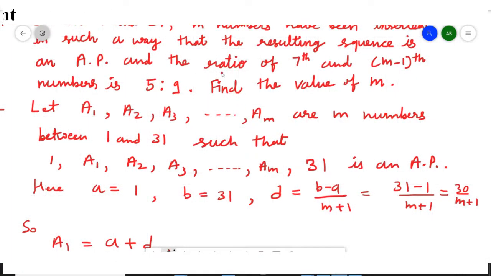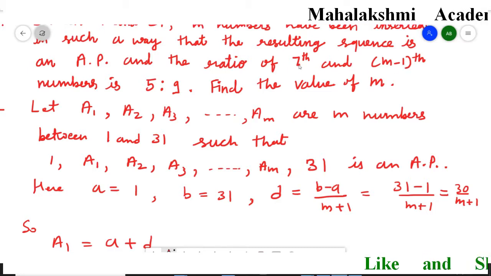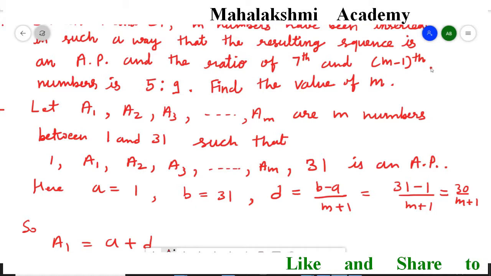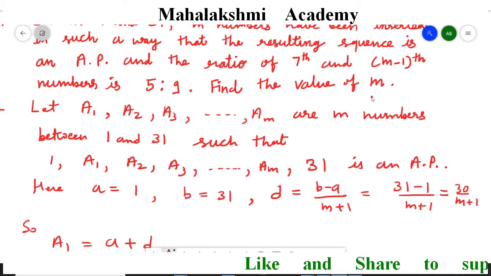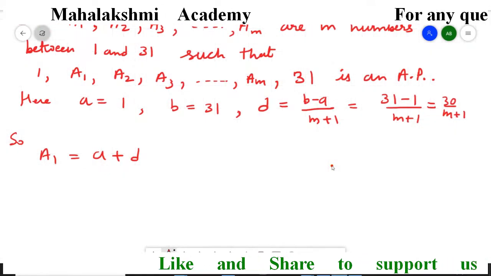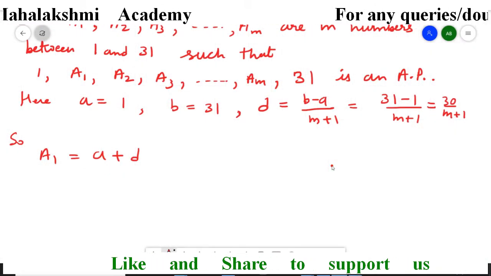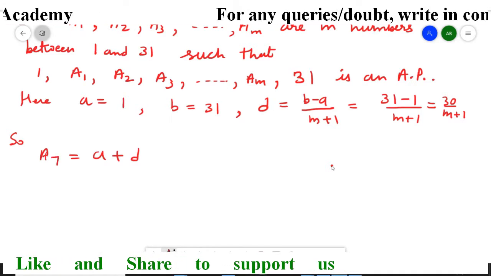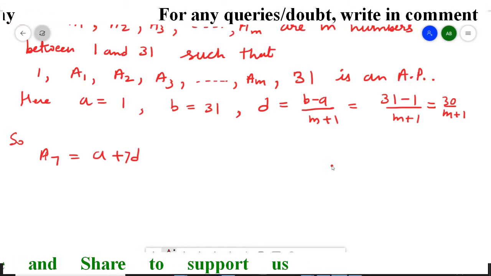They have given us the ratio between the 7th term and the (m minus 1)th term. So directly we'll calculate the 7th mean, that is A7. Instead of A1, it's going to be a plus 7d.